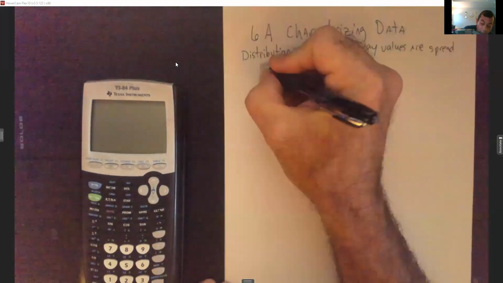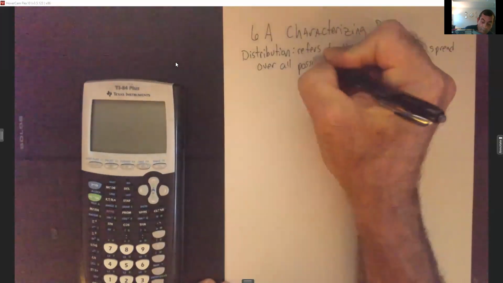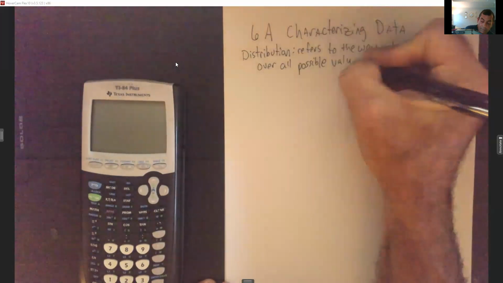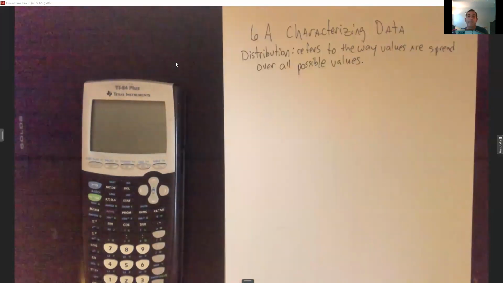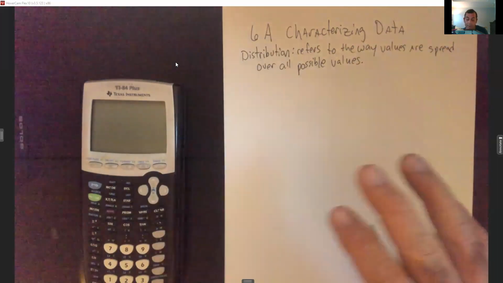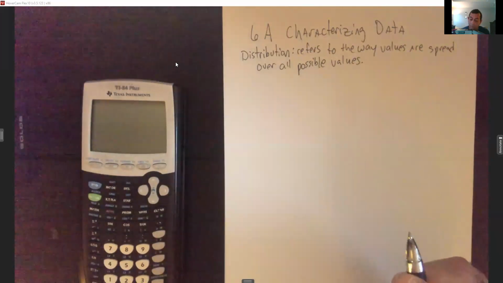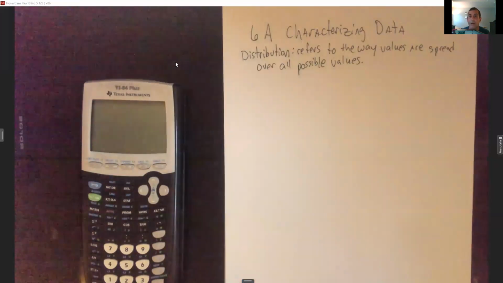It's sort of like if you've ever seen a scatter plot or a chart, they're showing you the distribution of how the data came about, okay? And we can always display these distributions with a table or a graph.